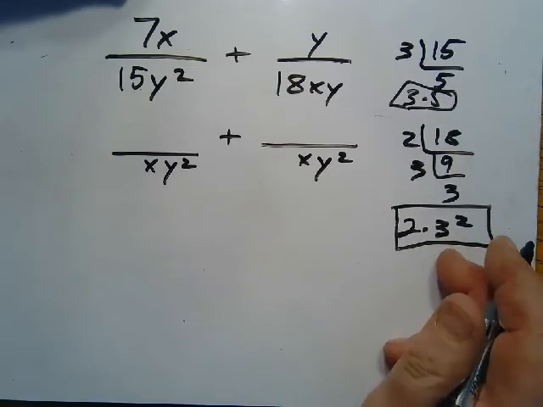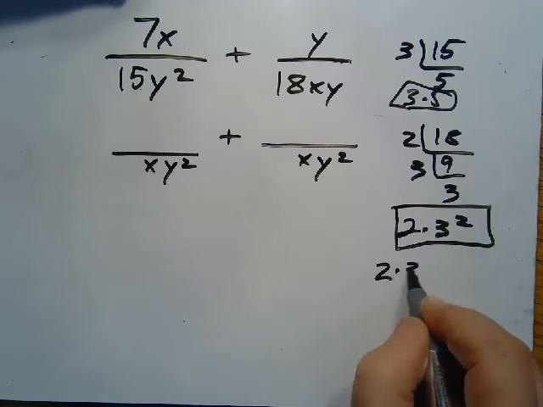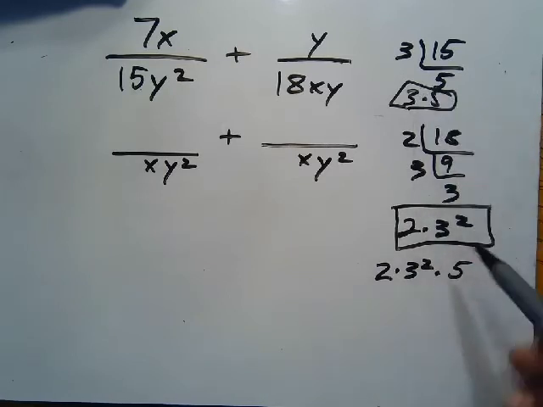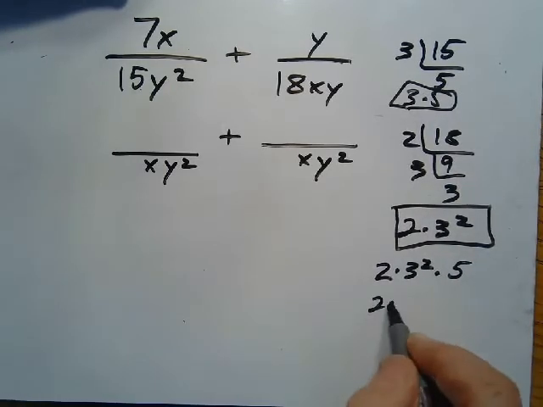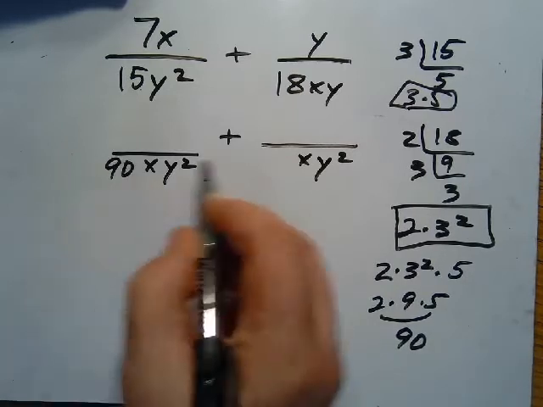Take the highest degree of each factor. Well, that's 2 and 3 squared and 5. I'm not going to state the 3 twice. So I've got 2 times 9 times 5, or 10 times 9 is 90. So 90 is going to be that number.